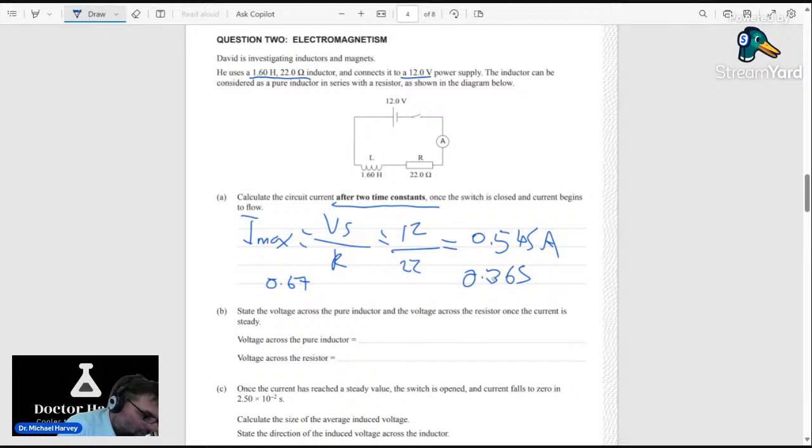Okay, times 0.67, then it's 0.244. Right, so if we subtract those away, it should work. Okay, I'll do it a different way.